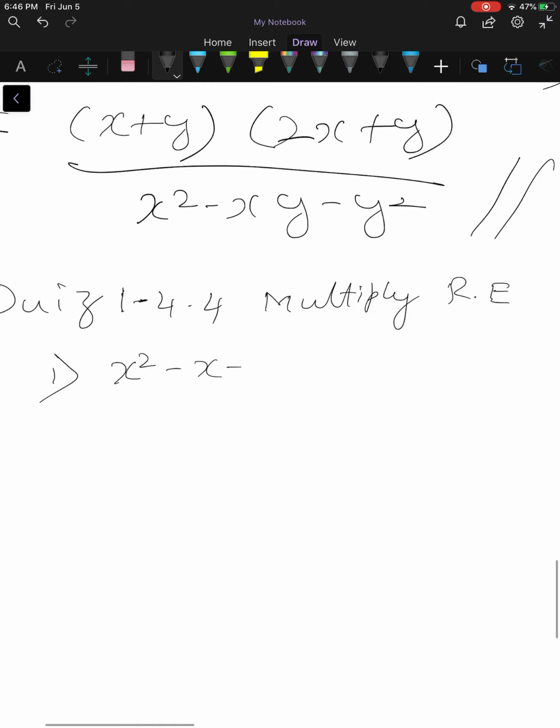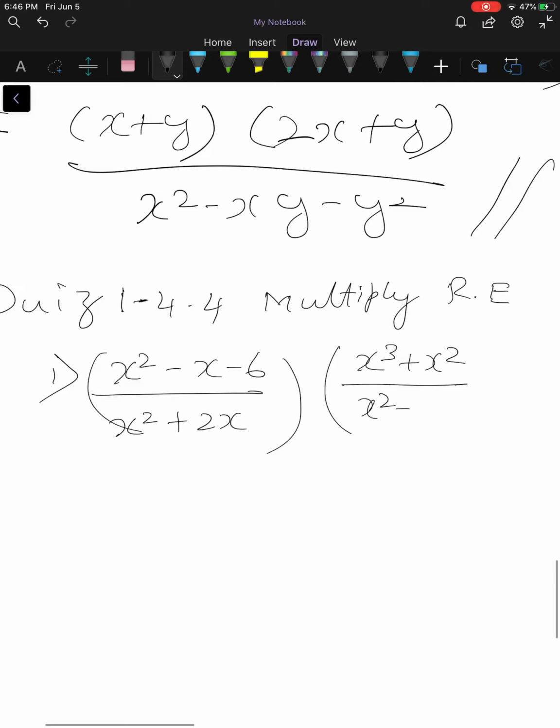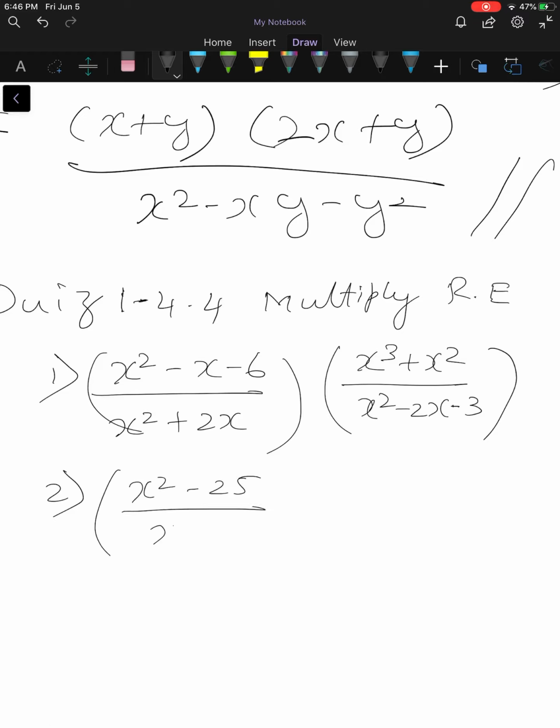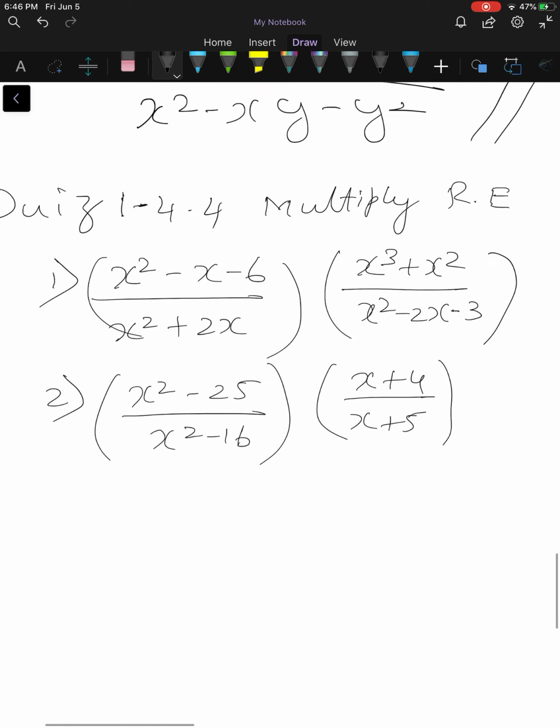First one, x square minus x minus 6 divided by x square plus 2x times x cube plus x square divided by x square minus 2x minus 3. Second, x square minus 25 divided by x square minus 16 times x plus 4 divided by x plus 5.